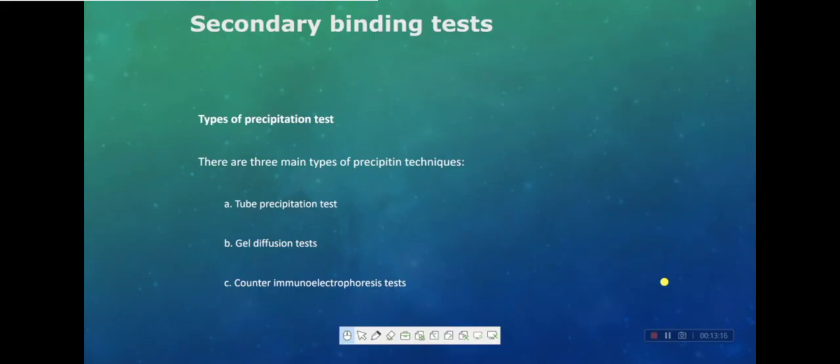Now discussing the gel diffusion test. When both antigen and antibody diffuse through the agar, this is referred to as double diffusion. When only the antigen or antibody diffuses with the corresponding antibody or antigen being coated in the agar, this is called single diffusion. Several hours of diffusion are needed in the gel diffusion before the precipitation may occur.